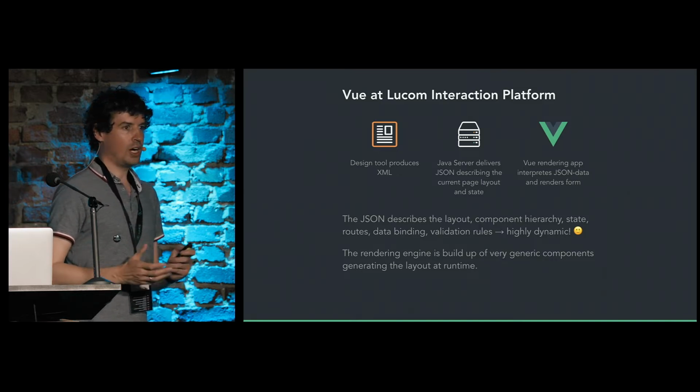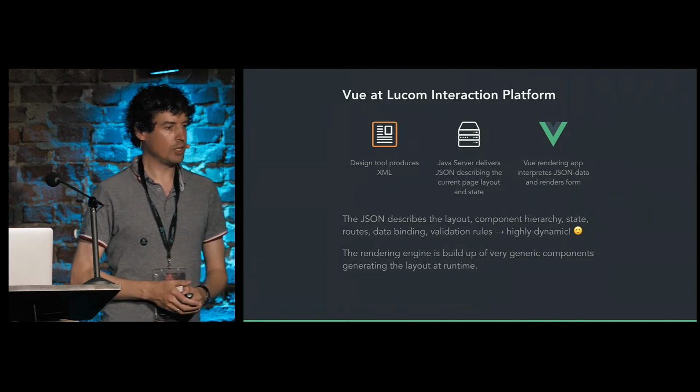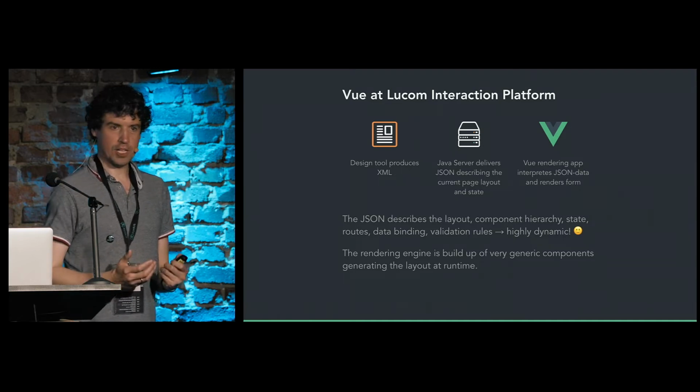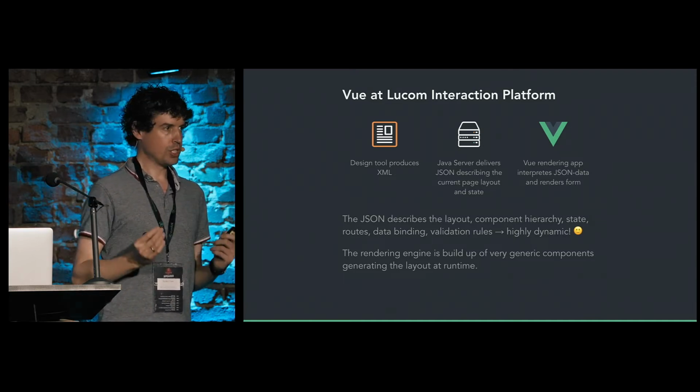So far, we are in the middle of developing it, but it runs very well already. And we haven't encountered any problem where we couldn't solve it with the toolset and the API Vue gives us. So no hacks were needed so far, and I'm very confident that we can finish the whole product with just using Vue's API.